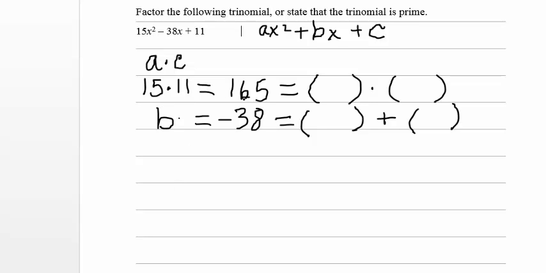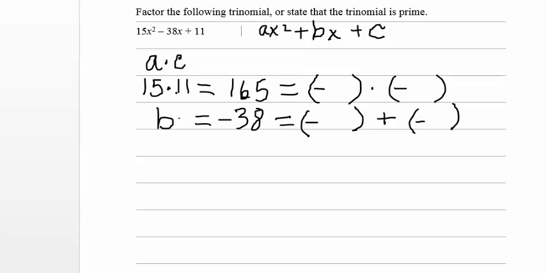If these two numbers are going to multiply to be positive and add to give a negative, they have to have the same sign. A positive times a positive is positive, but that won't add to a negative. A negative times a negative is positive and will also add to a negative. So the two numbers that I'm looking for are both going to be negative.